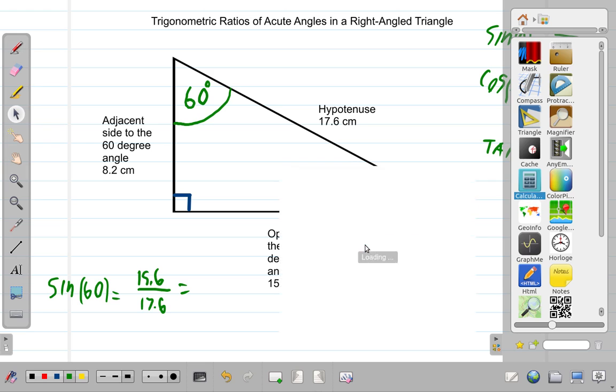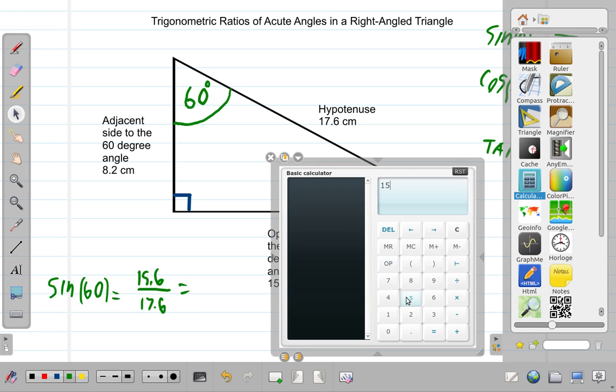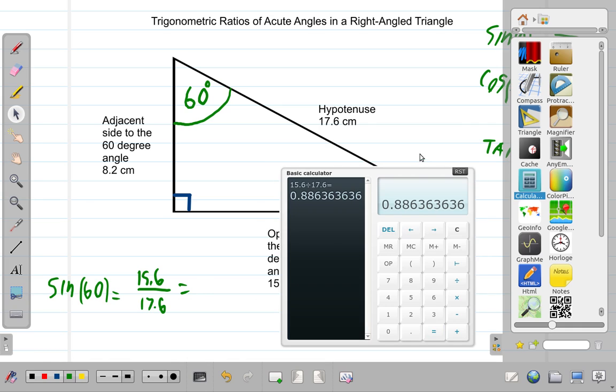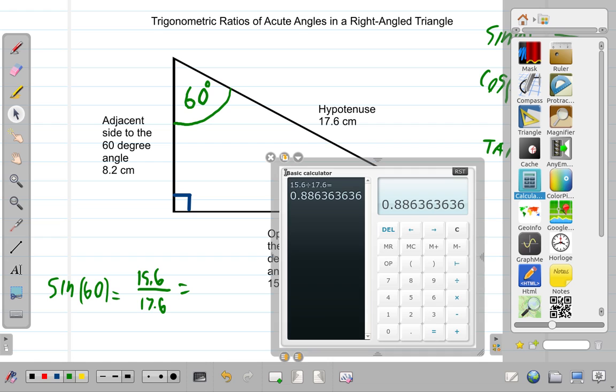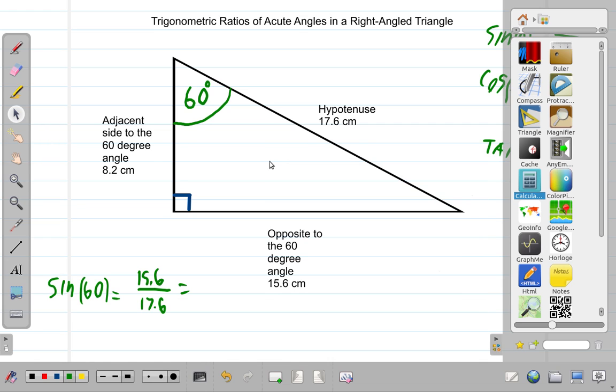What's that equal to? 15.6 divided by 17.6 equals 0.886. Alright, 0.886. So we write that down here. 0.886.